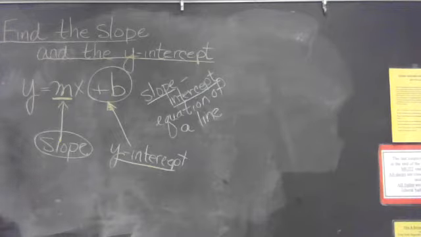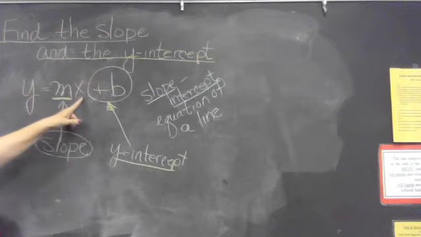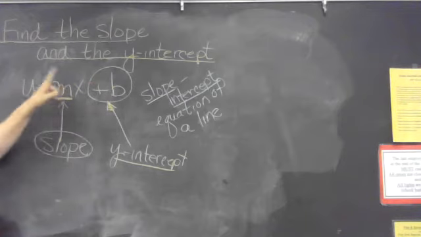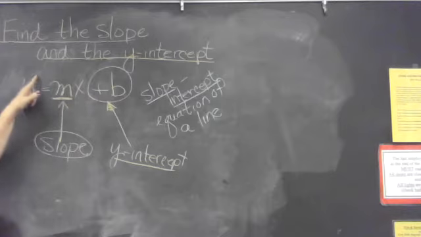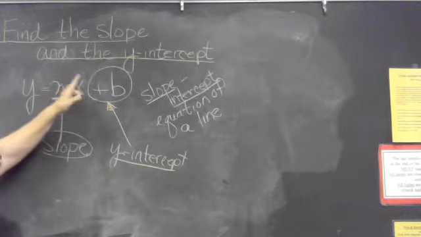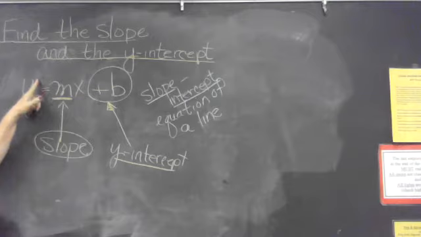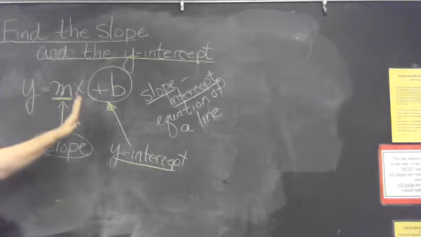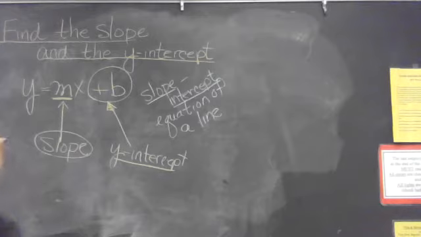Because an equation that has a y and an x in it with no larger exponents than just an invisible 1, right? Okay, as long as the exponents aren't bigger than 1, and there's an x and a y in the equation, this will create a line.